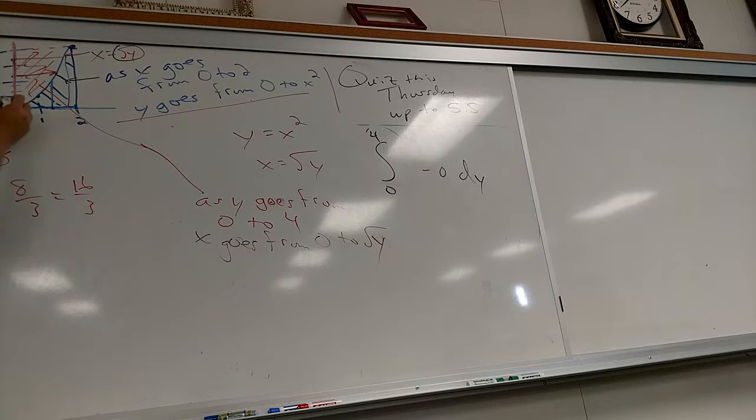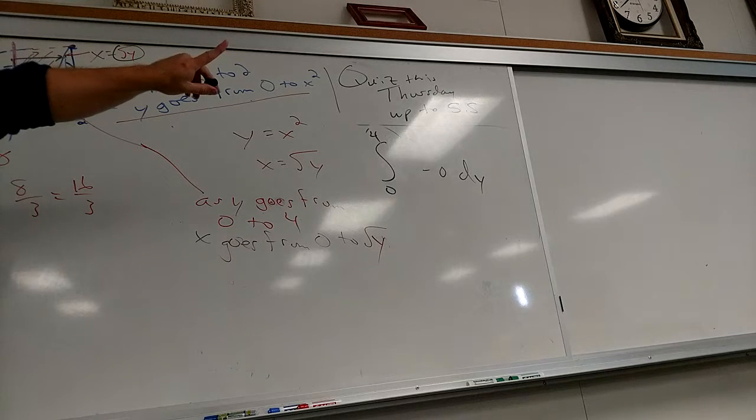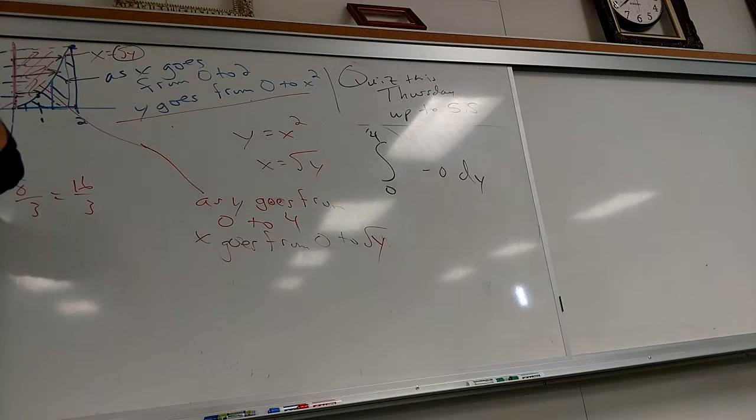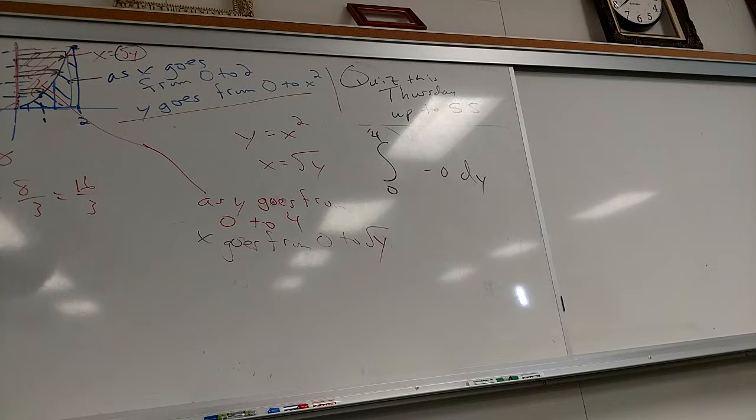So I always imagine a little dude walking, and he's looking this way. He's like, okay, I see it. It's that far away. Now it's that far away. Every step he takes, it's square root of y, wherever he is. That's how far away it is. That's the height of the rectangle that would be there. So the rectangles would just be lying down instead of standing up.